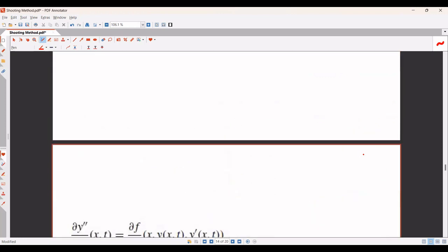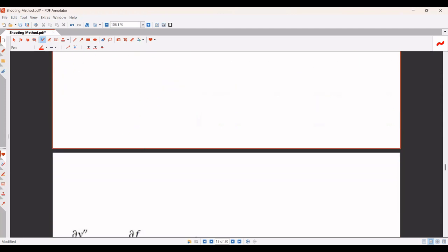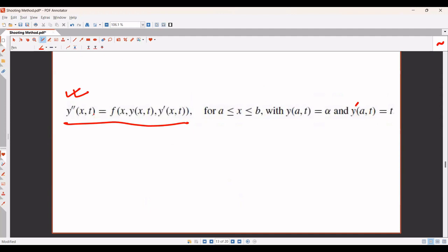Then if you differentiate this equation on both sides with respect to t, you have to remember that in the original equation, the derivative was with respect to x. This prime means the derivative is being conducted with respect to x. It's not a derivative with respect to t.